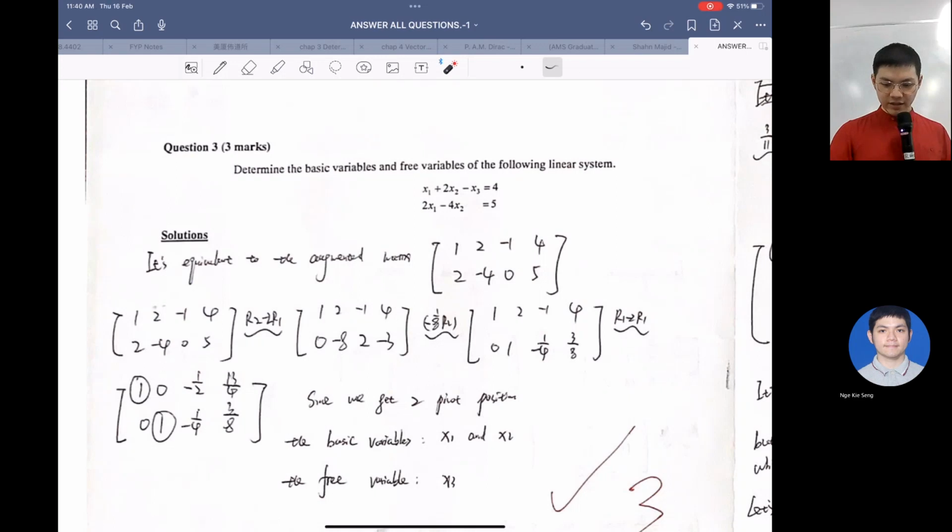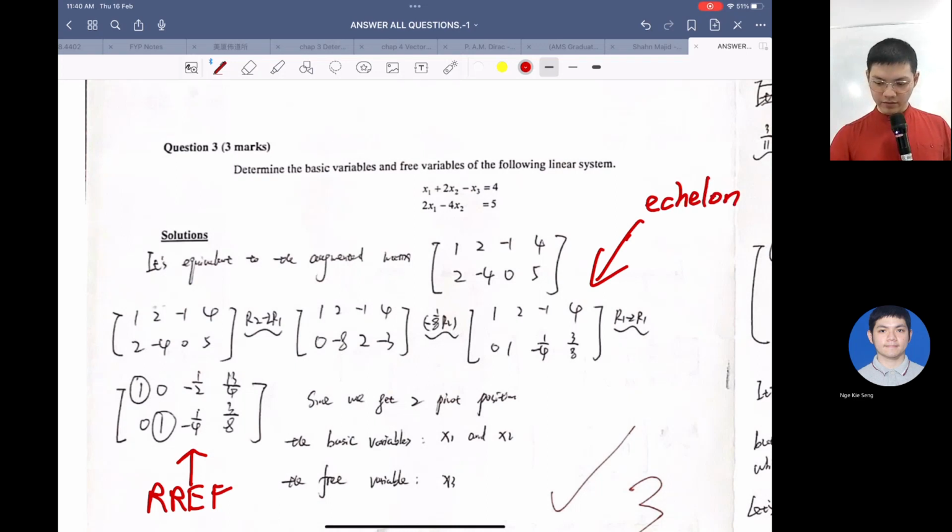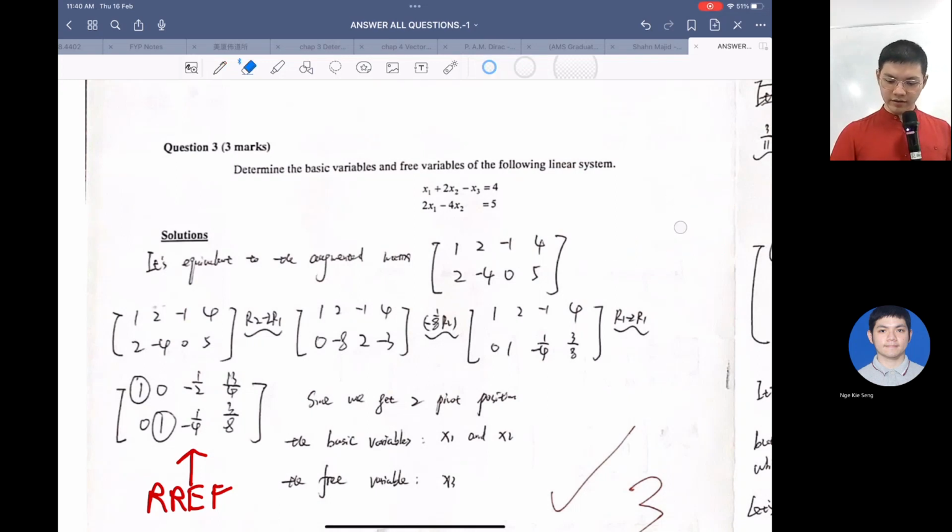So in this case, you can see that this is already a row echelon form, so you can just stop at this step here. This is the echelon form.